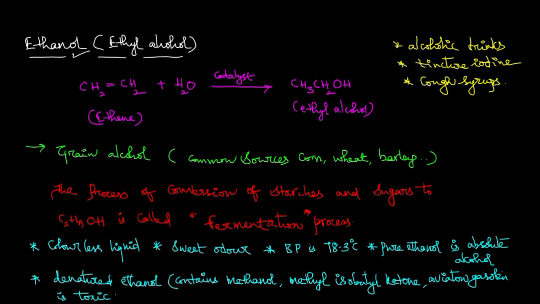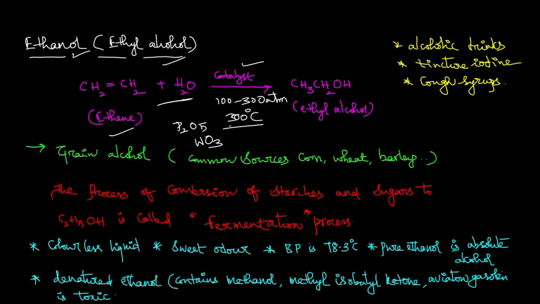Ethanol, also called ethyl alcohol, is manufactured on a large scale from ethene when it is reacted with water vapor in presence of a catalyst like phosphorus pentoxide P2O5 or tungsten oxide, which is WO3, and the pressure should be 100 to 300 atmospheres and the temperature is about 300 degrees Celsius.